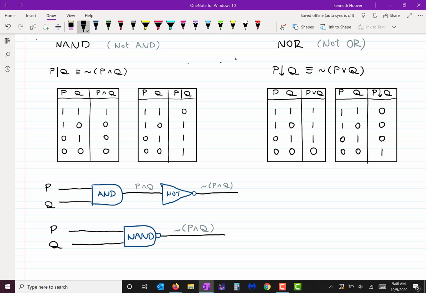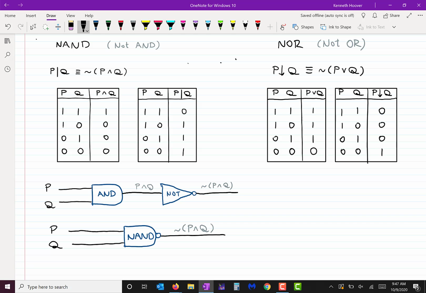You can probably guess. It looks just like an OR gate with a circle at the end of it. And in an electrical circuit, or actually I prefer the term logical circuit, what sequence of two gates can always be replaced by a NOR gate? You can probably guess that as well, right?